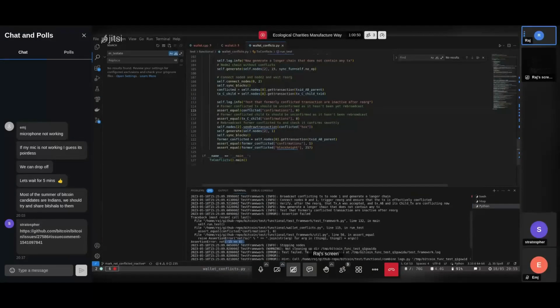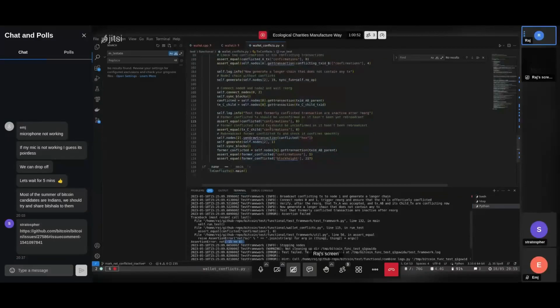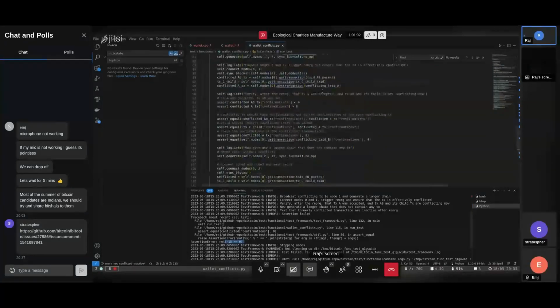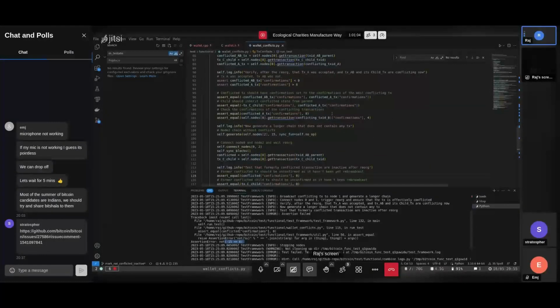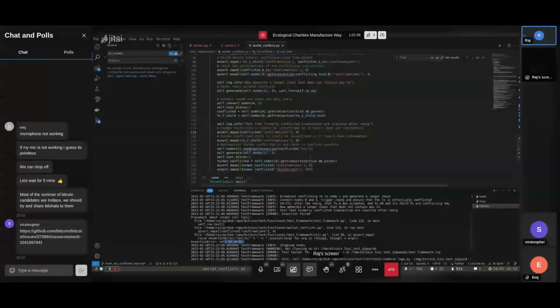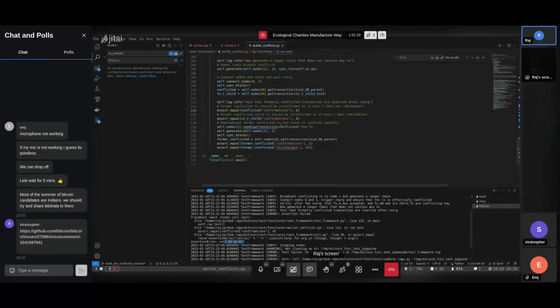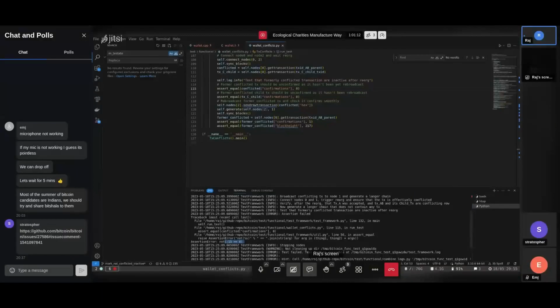Previously, even in the case of a reorg, the conflicted transaction's confirmation status wasn't changing. That was the bug, right? So the previous transactions A1 and B1 got reorged out, but AB parent is still marked as conflicted, and its status was returning minus 15.